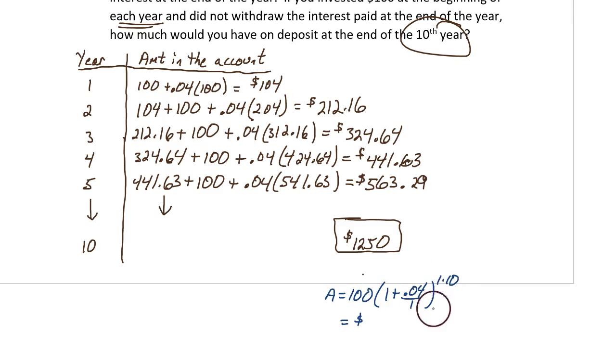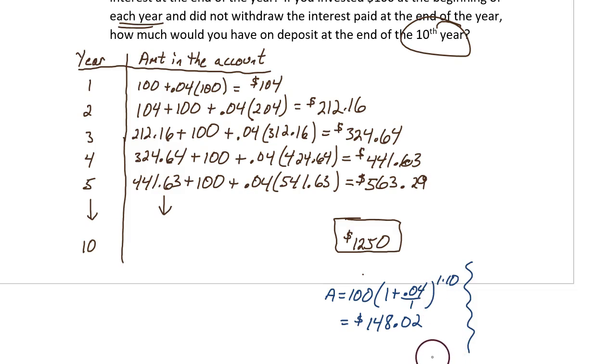When you use a calculator to type this in, you get $148. So no doubt it's obvious that you'll have a lot more money in 10 years if you're able to put in $100 every year than if you only put in $100 to start and then leave that alone for 10 years.